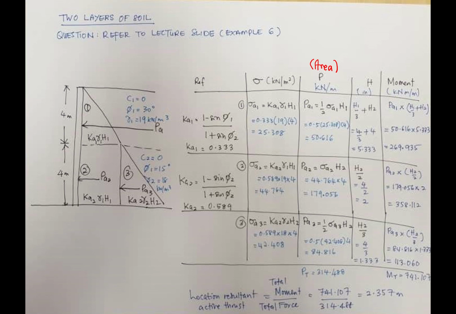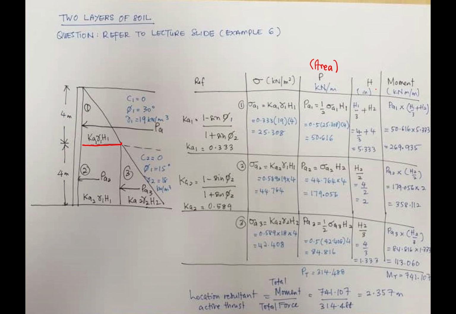So for PA1, that is a triangular area, so I take half times the base, multiplied by the height of the triangle. So you have half, the base is stress A1, times H1, and you get the value of the force for reference number 1.